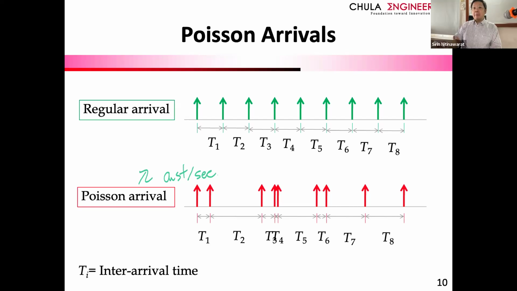Lambda is describing how frequent the customers are coming in, right? Because the larger the lambda, the more customers are coming in per second, right? If I know lambda, what should be the average of the inter-arrival time distribution? It's a very straightforward question. What is the unit of lambda?